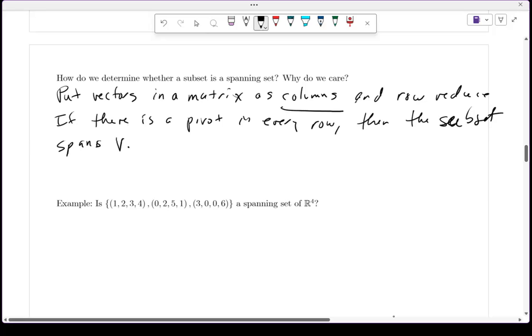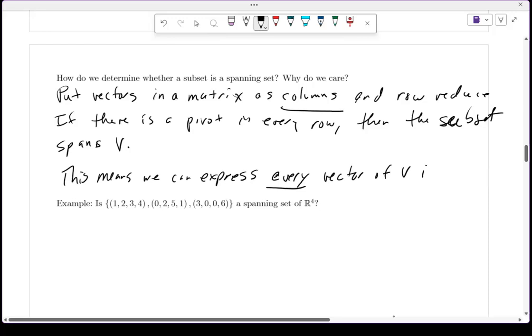And again, the why do we care part: this means we can express every vector of V in terms of a finite number of vectors.